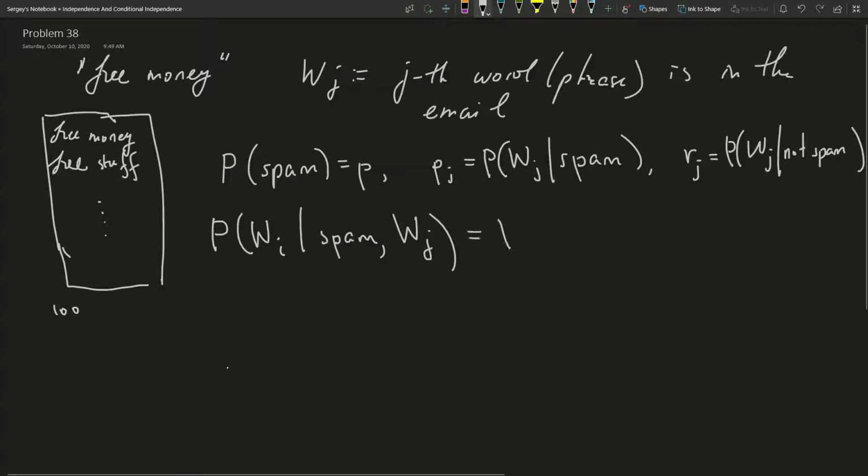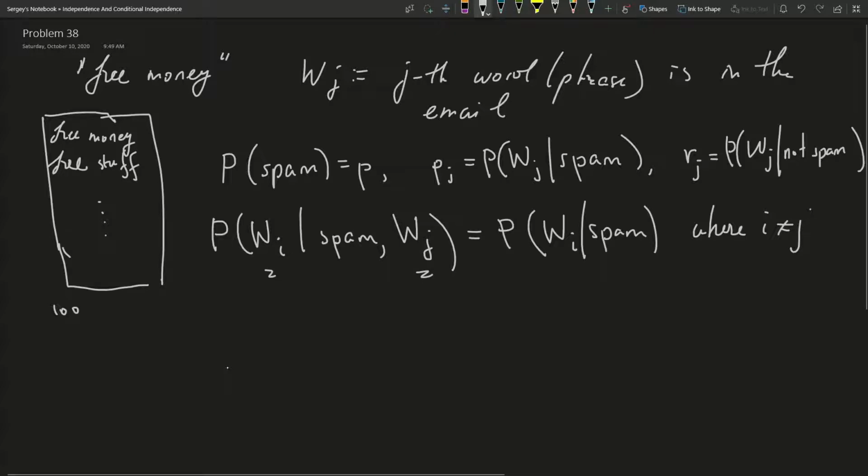So this is equal to the probability of the ith word occurring, given that it's spam, where i is not equal to j. If we take two different words or phrases from this list, given that the email is spam, they are conditionally independent of each other. Knowing one has occurred tells us nothing about whether the other has occurred.